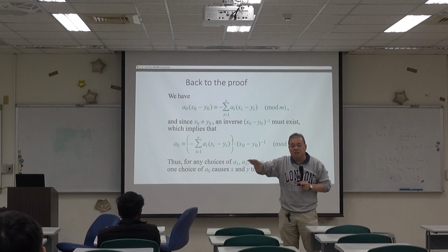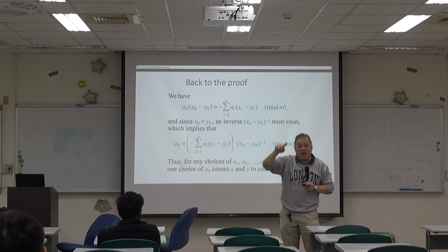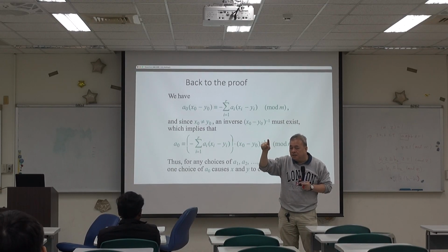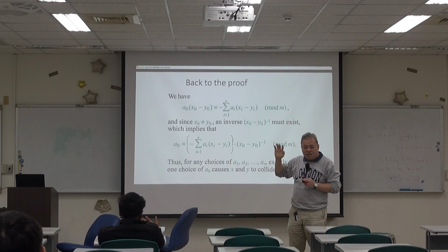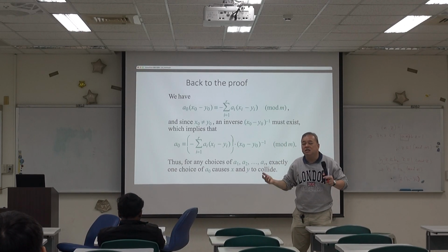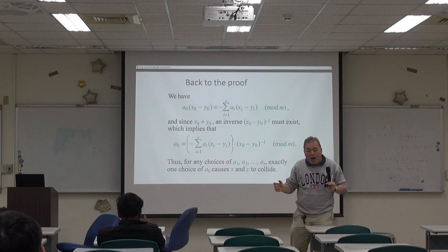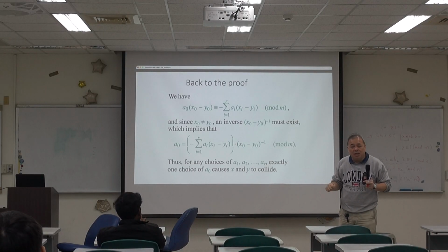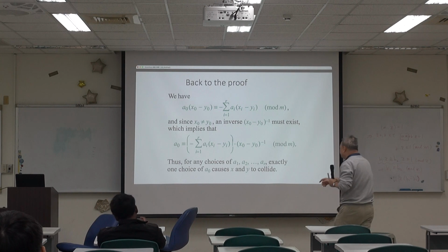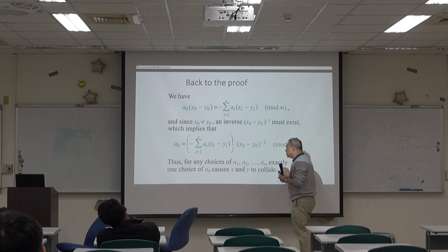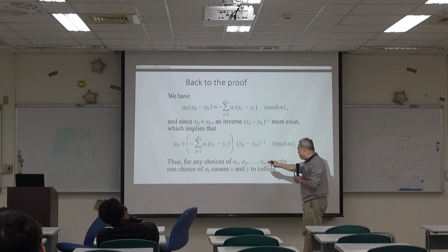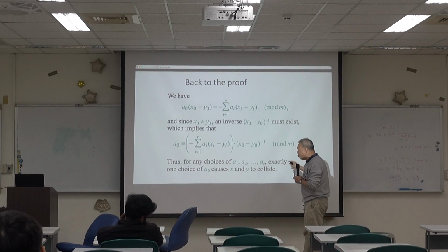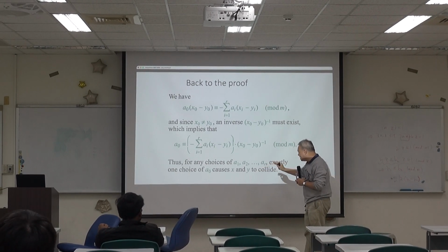Totally, how many choices? n to the power of R. Once you determine A1 to AR, then A0 is uniquely determined, because you want X and Y to collide. So for any choice of A1 to AR, there's exactly one choice of A0 that will cause X and Y to collide.